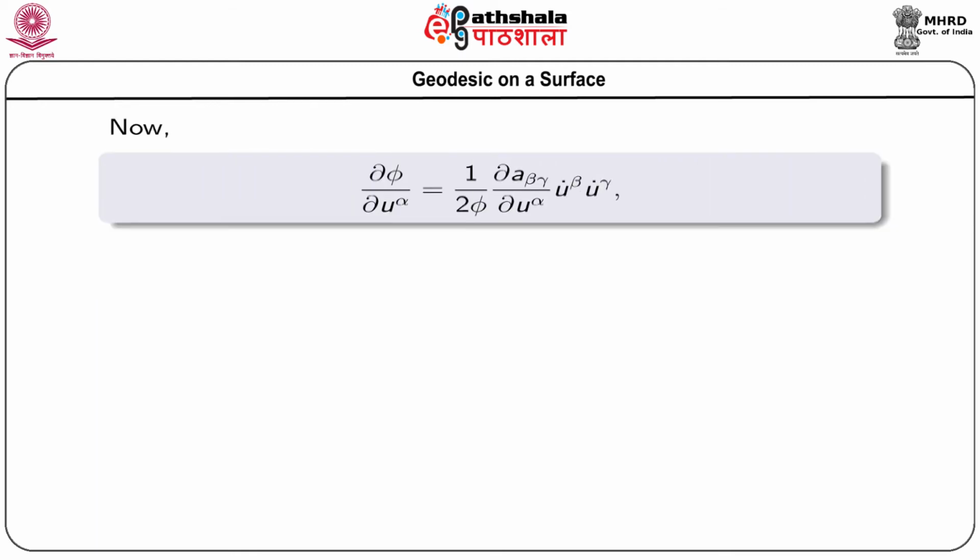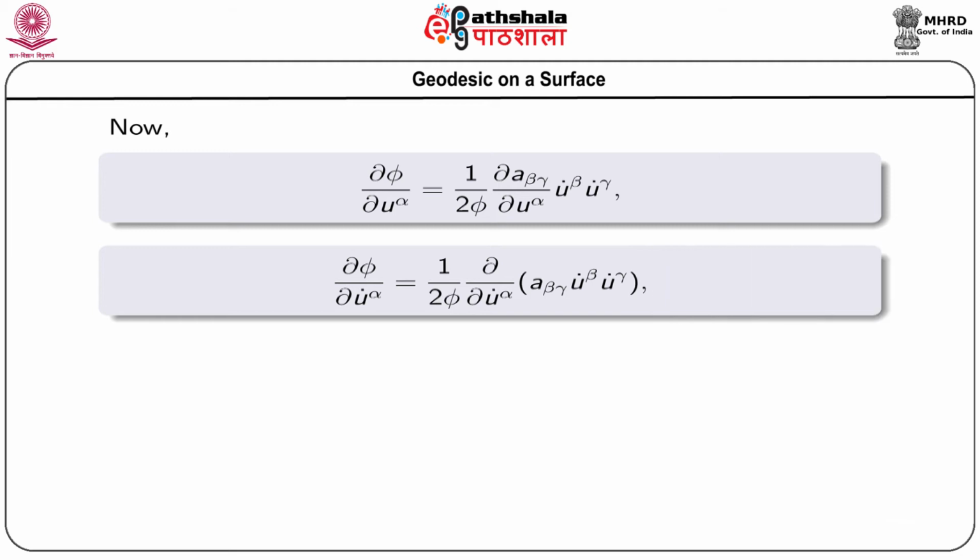Now, if we find the partial derivative of phi with respect to u alpha, we get del phi by del u alpha equals 1 by 2 phi times del a beta gamma by del u alpha, u dot beta u dot gamma. And if we find the partial derivative of phi with respect to u dot alpha, we shall get 1 by 2 phi times del by del u dot alpha of a beta gamma u dot beta u dot gamma.